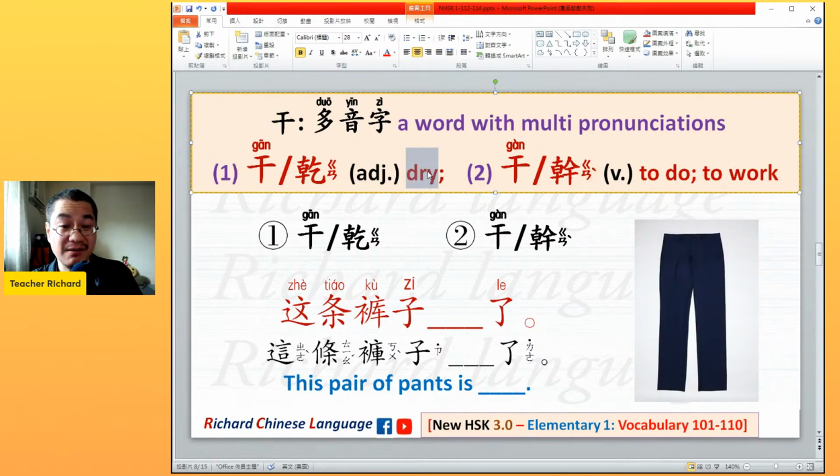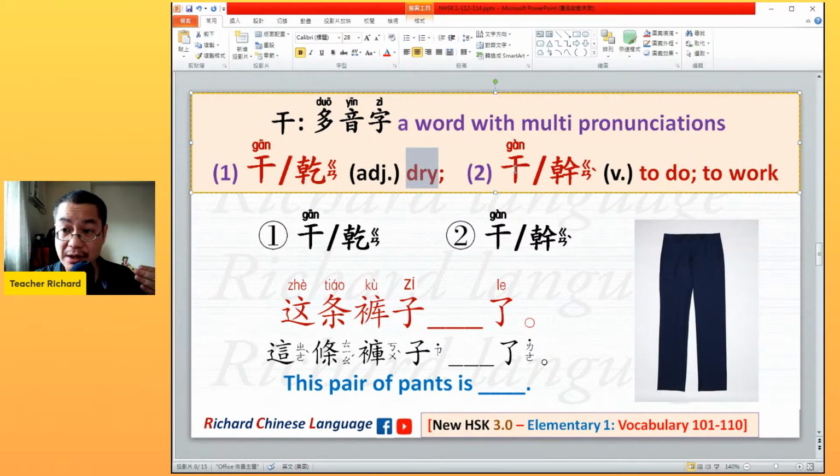That's the reason why we say 干杯, because we need to dry the wine, we need to dry the liquor, right? So 干杯 means to dry the cup, to dry the bottle, which means bottoms up. So when you say 干杯, that's the first tone.